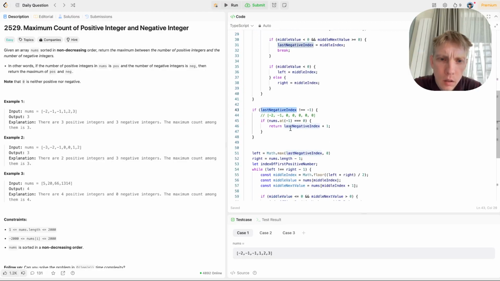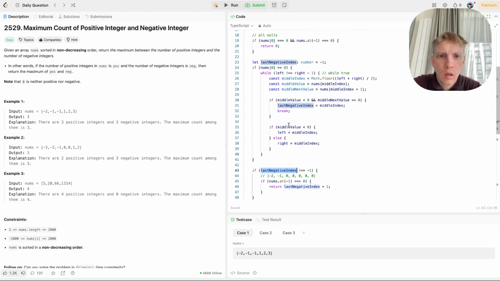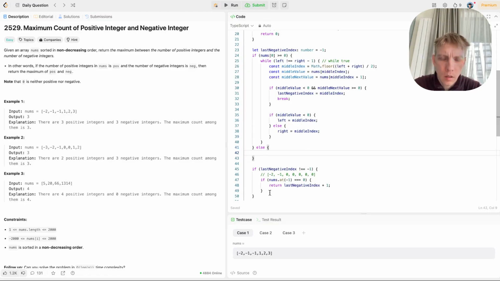After that, one more early exit. If there are no negative numbers, else. Or, wait, if there are negative numbers.